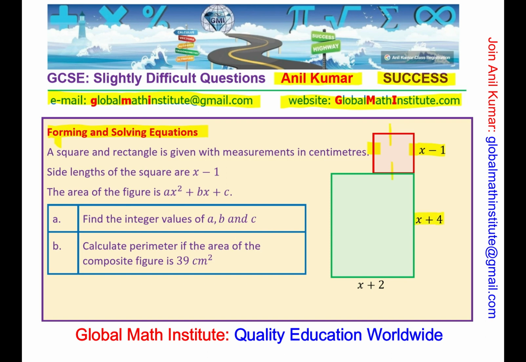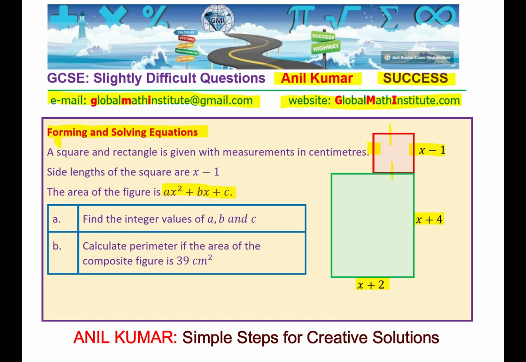The green rectangle has a length of x plus 4 and a width of x plus 2. Find the integer values of a, b, and c. That's part A. Once you do that, calculate the perimeter if the area of the composite figure is 39 centimeters square.